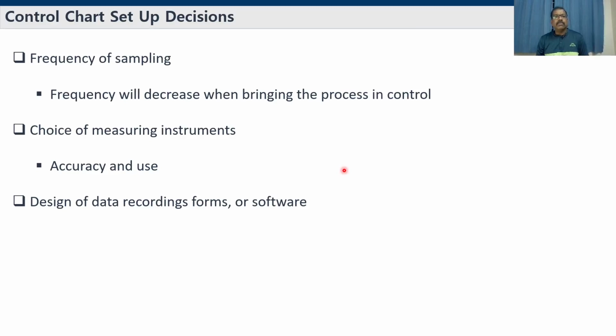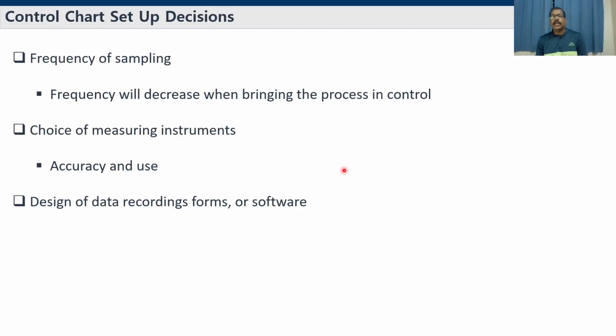It does not come on the first day itself. If we are doing it regularly every day, improving the quality and the process control, we can decrease the frequency of sampling. And what kind of instruments we are going to use for inspection, its accuracy, and how we are going to use them are also very important for setting up the control chart.